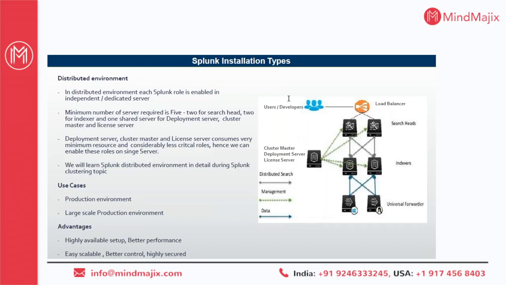For example, if 10 users come, the load balancer will send 5 users to one search head and 5 users to the other. Likewise, it helps distribute users across the search heads. That's how you can use Splunk for a complete production environment.